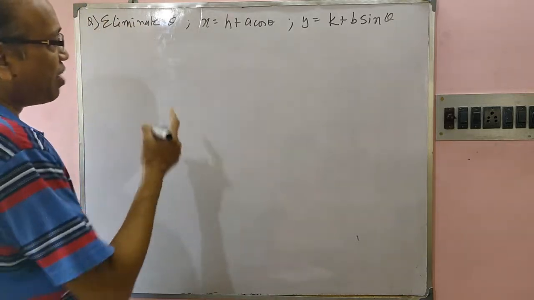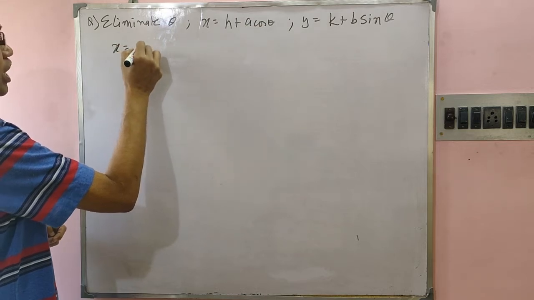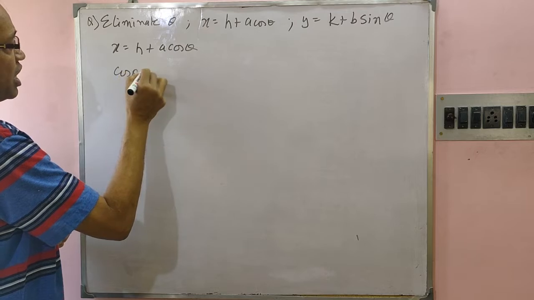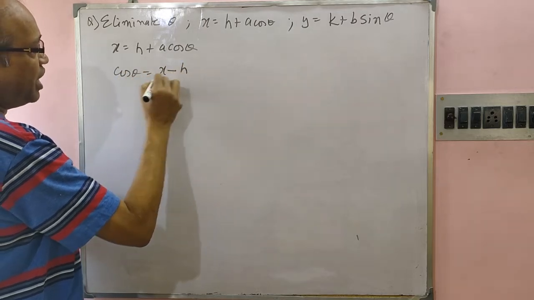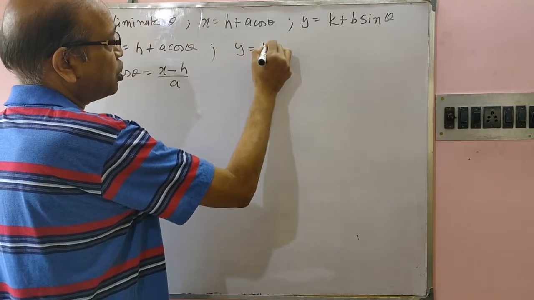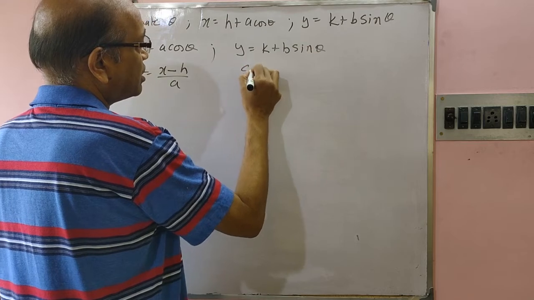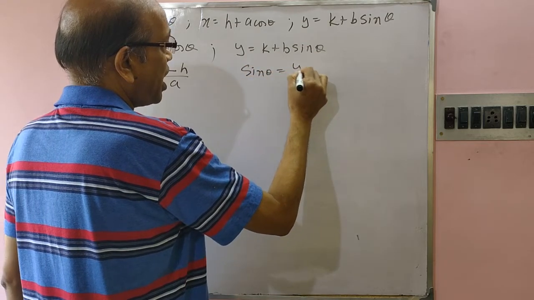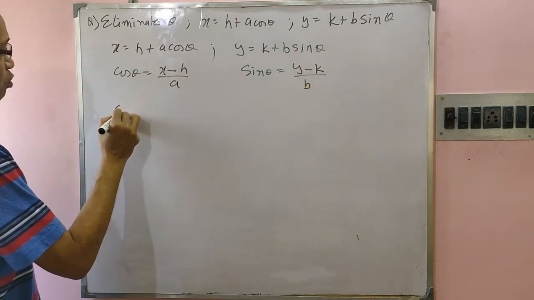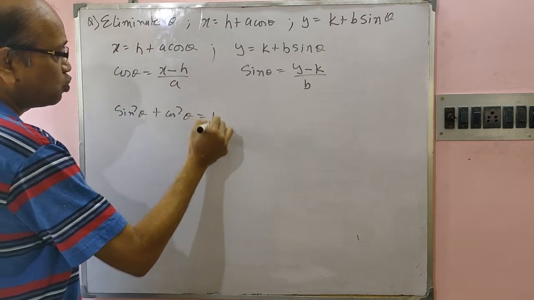We know x equals h plus a cos theta. Therefore cos theta is equal to x minus h by a, and from here y equals k plus b sin theta, or sin theta is equal to y minus k by b, and we know the formula sin square theta plus cos square theta is 1.